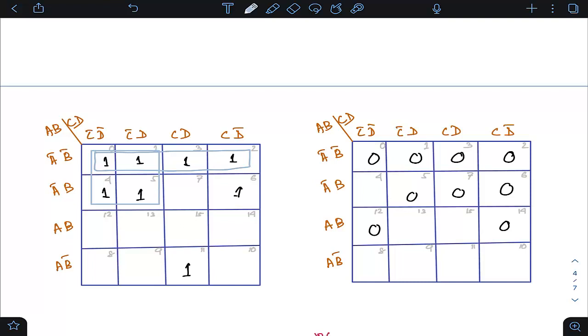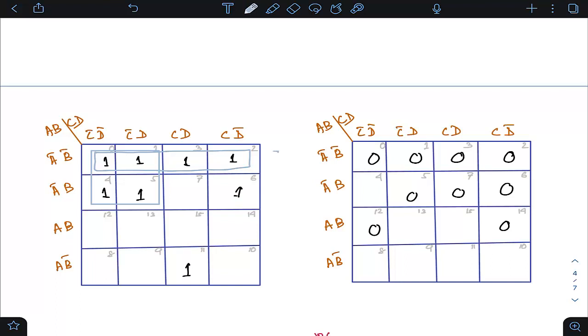Right? Now to cover this one, you may say I can do a single group like this. Some of you may say I can do a pair like this. But again, I will suggest you check whether a quad is possible to cover this one or not. Because ultimately, your goal is to cover all mean terms with maximum size grouping possible. So can I do grouping of quad? Yes.